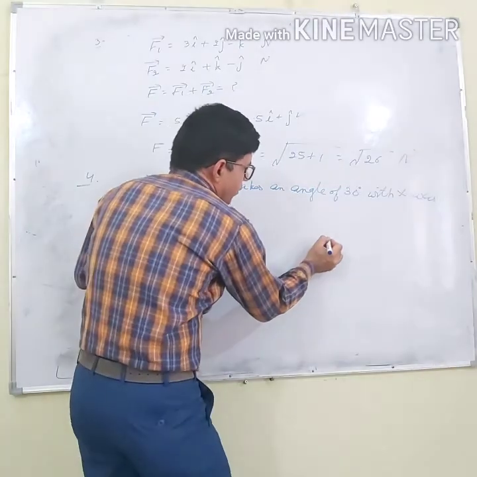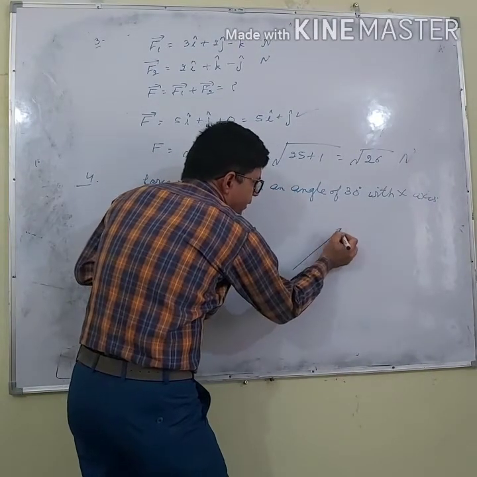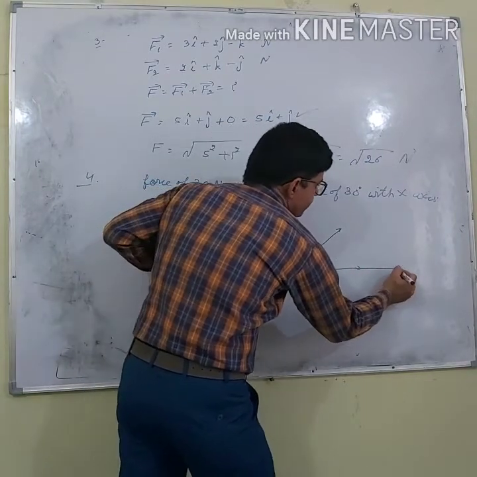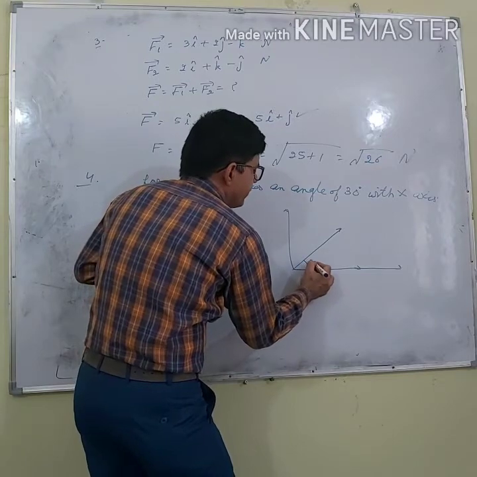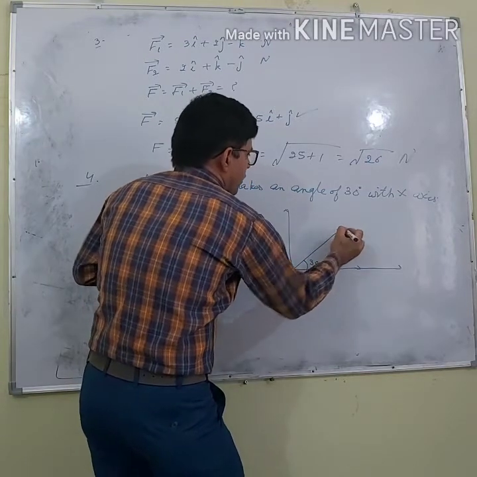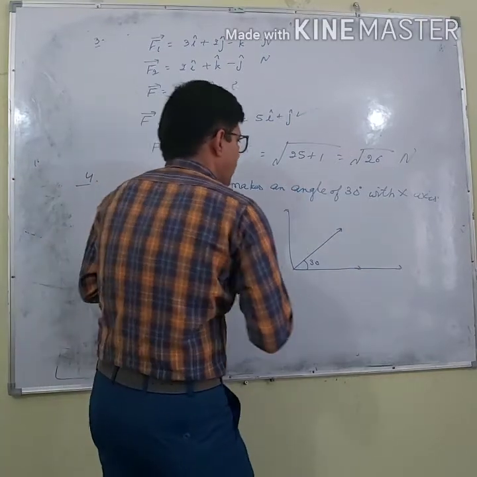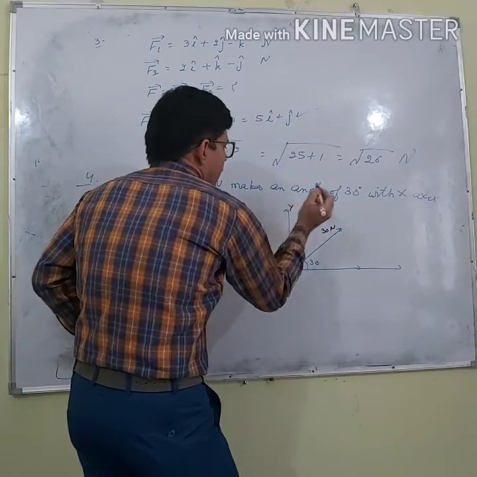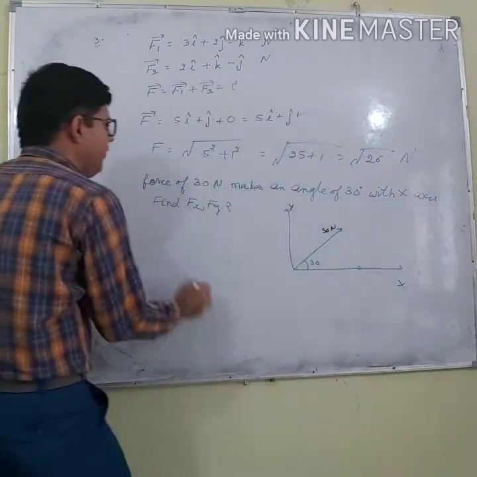Very simple. Now what am I given? There is a force. It makes an angle of 30 degree with x-axis and the force is 30 Newton. What is the component along x-axis and y-axis?